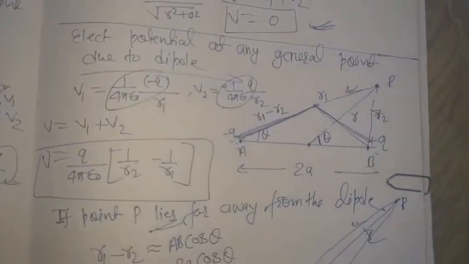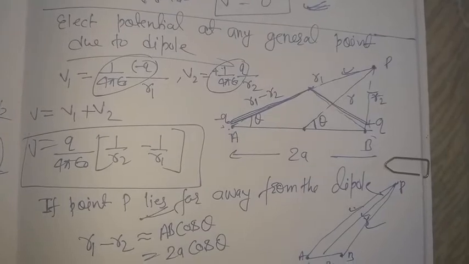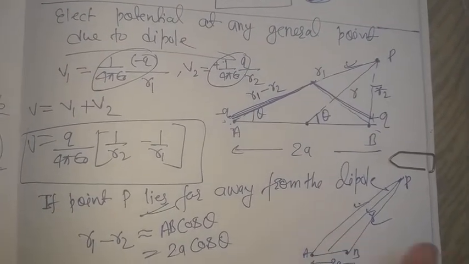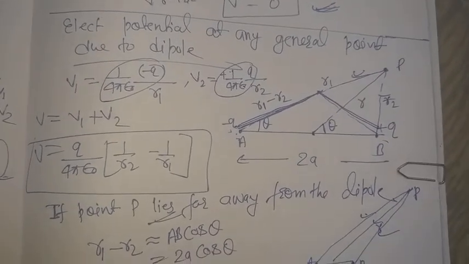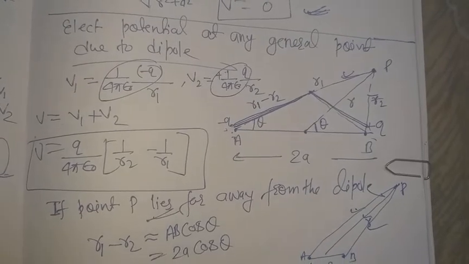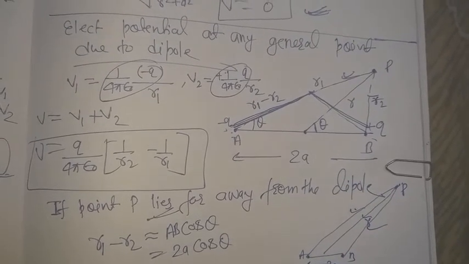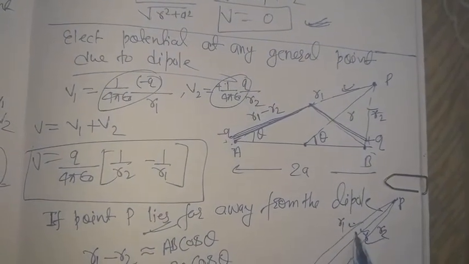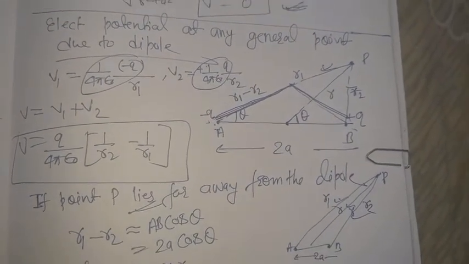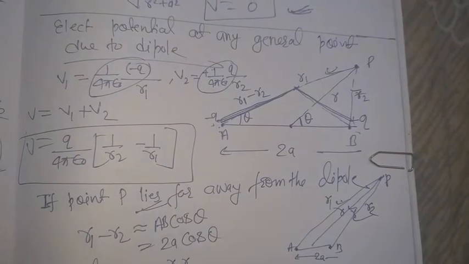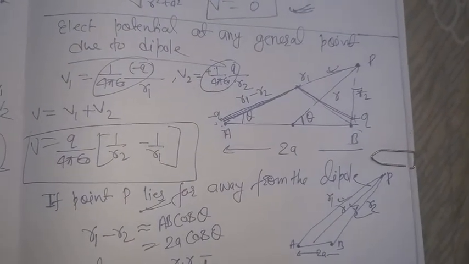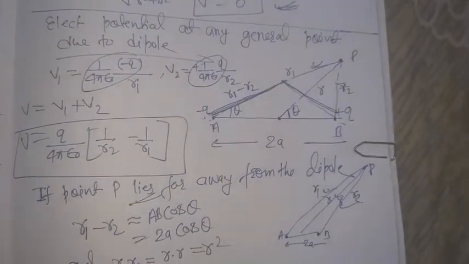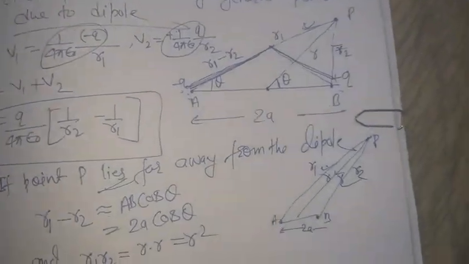And what is the other condition? Everything is equal. So r1 into r2 is r into r, because all three, this is r1, this is r2, this is r, are equal. So r1 into r2 means r square.